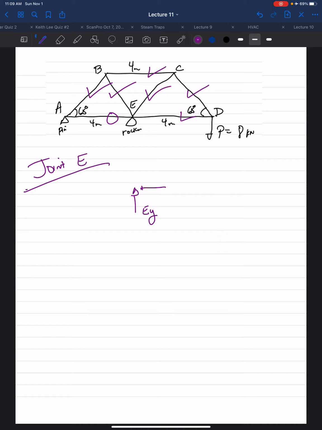We have FDE, which we calculated to be 4.62 kilonewtons. We have a FCE, which we calculated to be 9.24 kilonewtons.